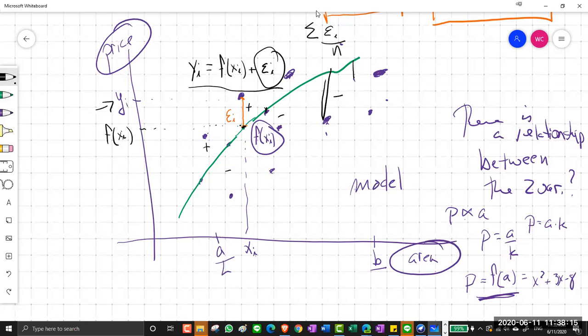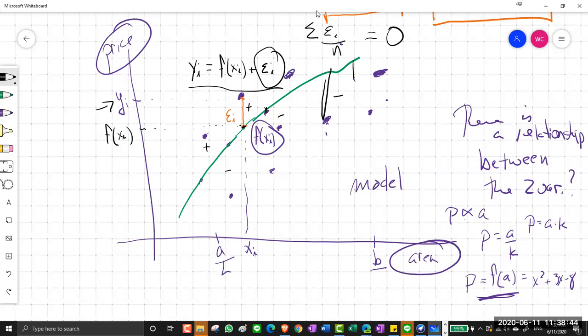The epsilons above the line we might call positive epsilons, and the epsilons below the line we might call negative epsilons. So if we add them all up, or average them out, we might get 0, because you're going to get positives and negatives, and they might cancel, right?